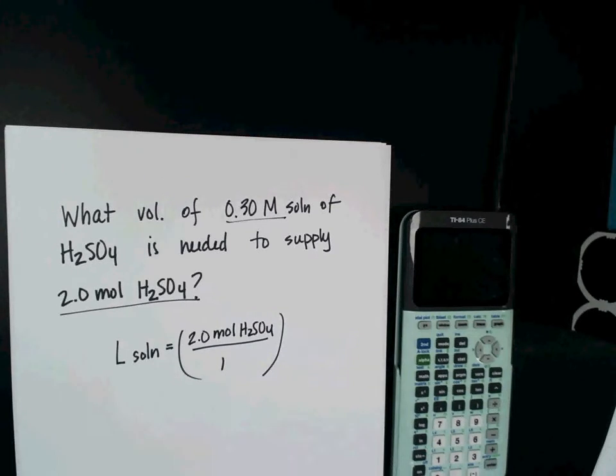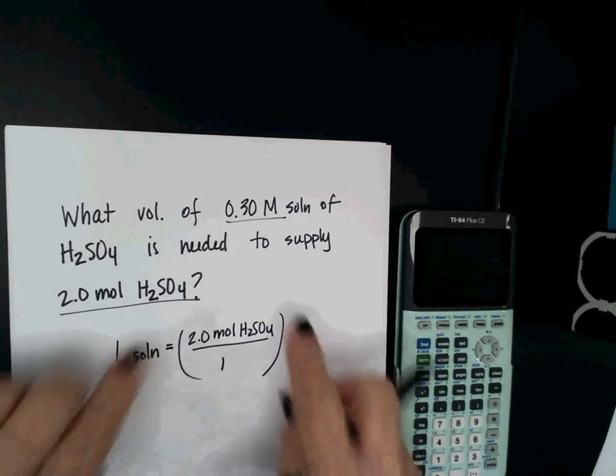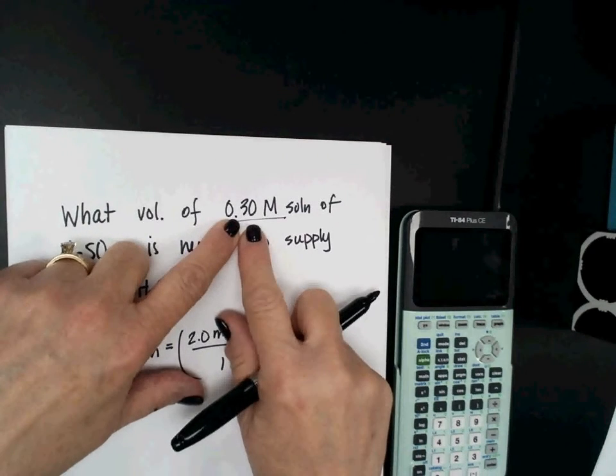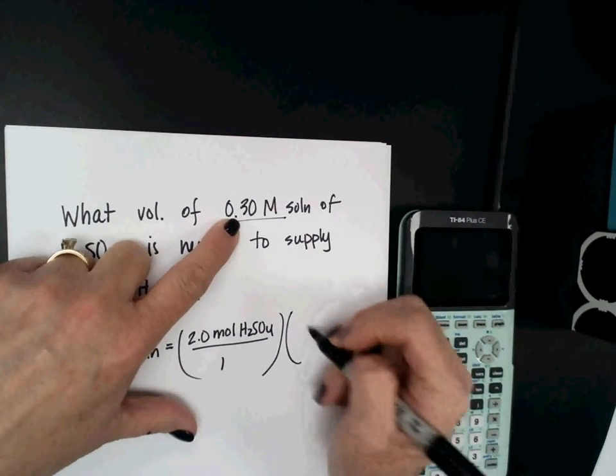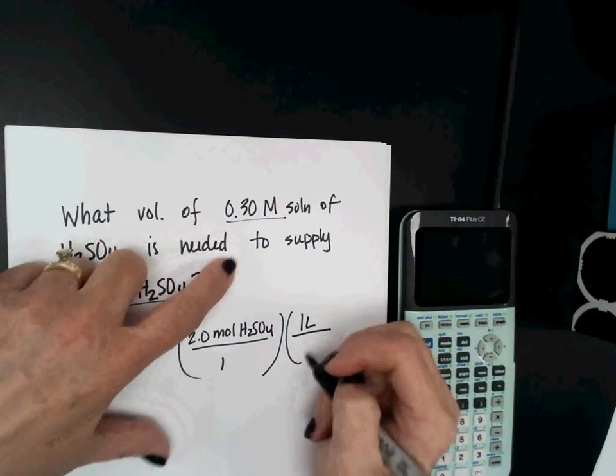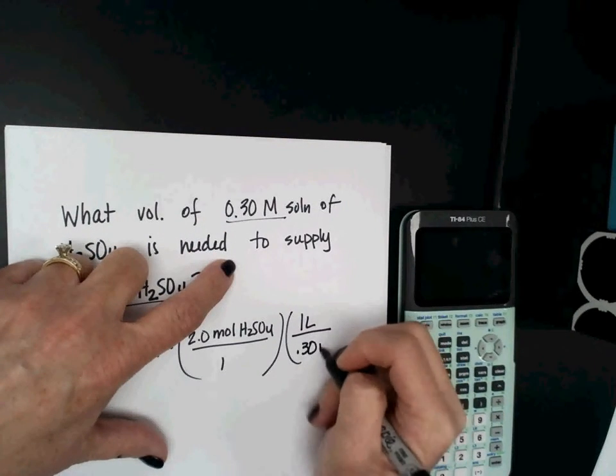Now, pay careful attention to this. It's important. When you're working these problems, you can always use the reciprocal of molarity. Do you know what I mean when I say that? I can flip the units. So it can be moles per liter, it can be liters per mole. It depends on how I need to use it in the problem. So this 0.3 molar solution really tells me 1 liter over 0.30 mole.